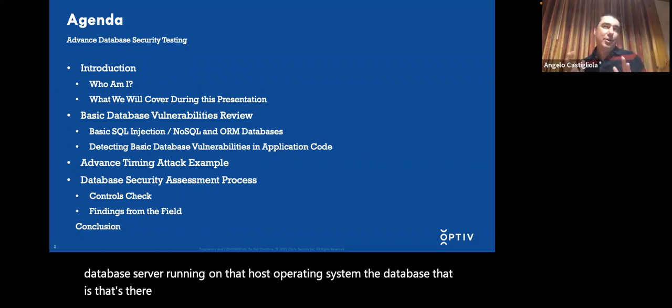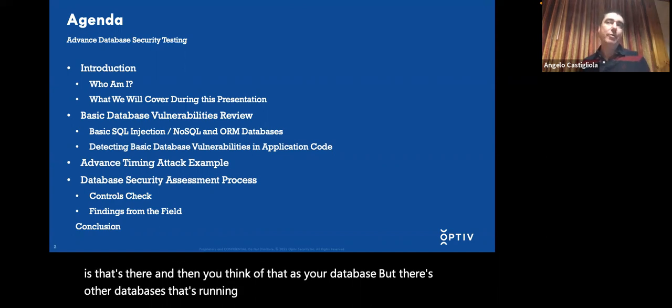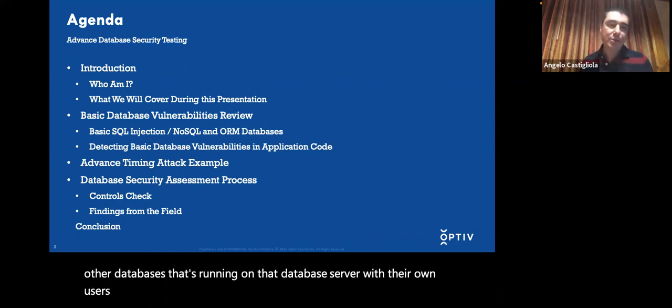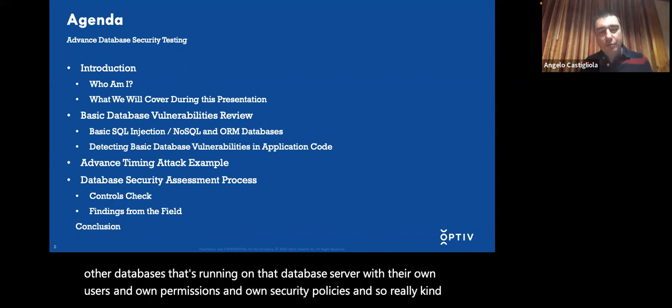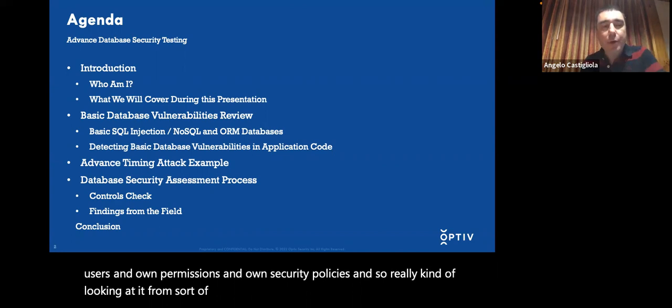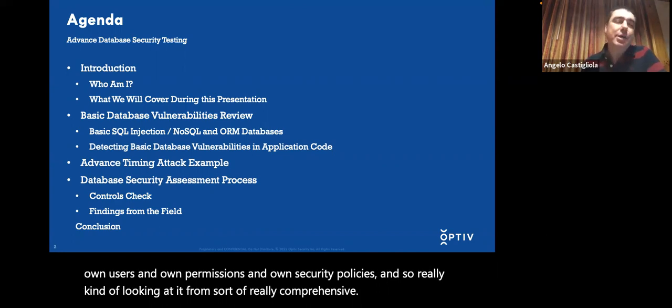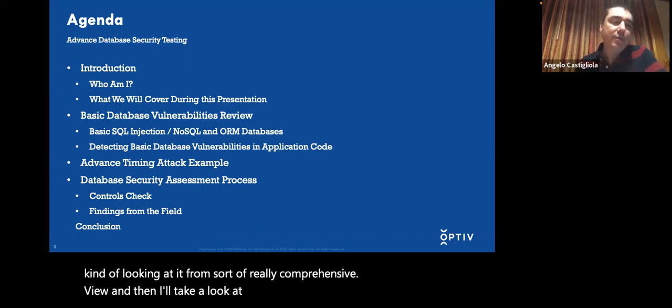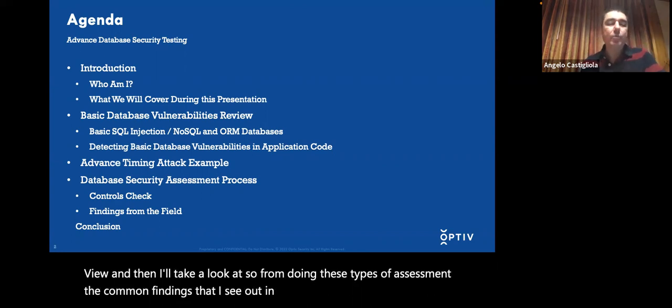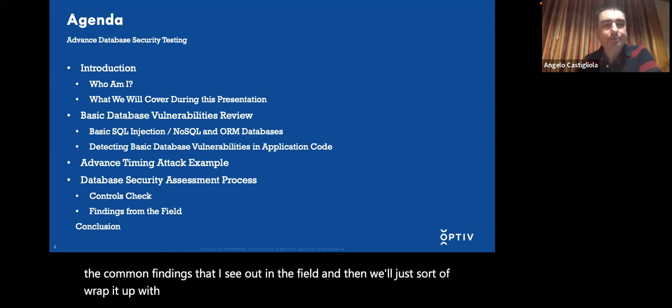You think of that as your database, but there are other databases running on that database server with their own users, own permissions, and own security policies. So it's a really comprehensive view. Then I'll look at the common findings I see out in the field from doing these types of assessments, and we'll wrap it up with the conclusion.